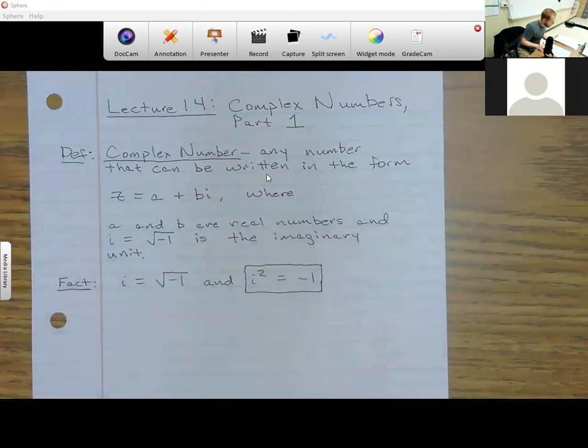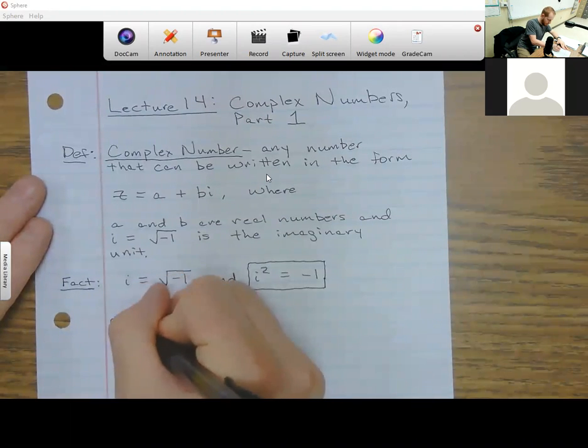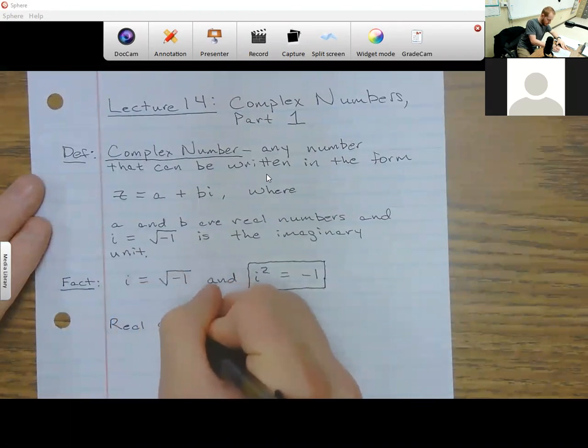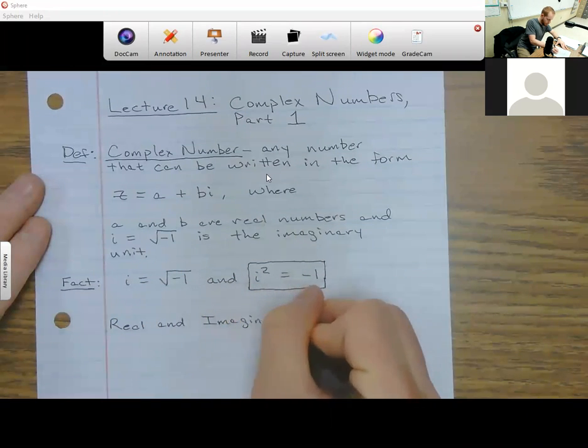Okay, so let's talk about real parts and imaginary parts. Real and imaginary parts.